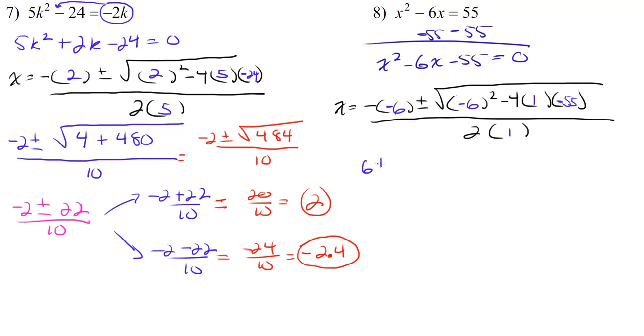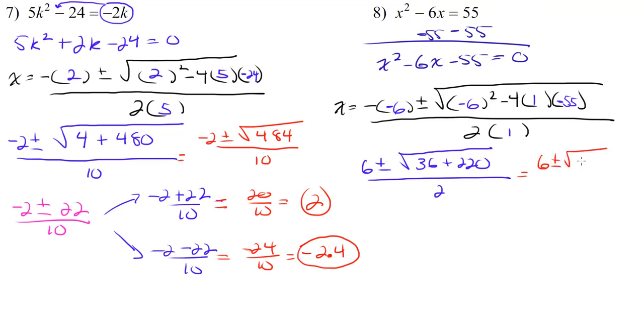So we have here negative negative 6, so 6 plus or minus radical. Negative 6 squared is 36. And negative 4 times negative 55 is positive 220. And 2 times 1 is 2. 36 plus 220 is 256.